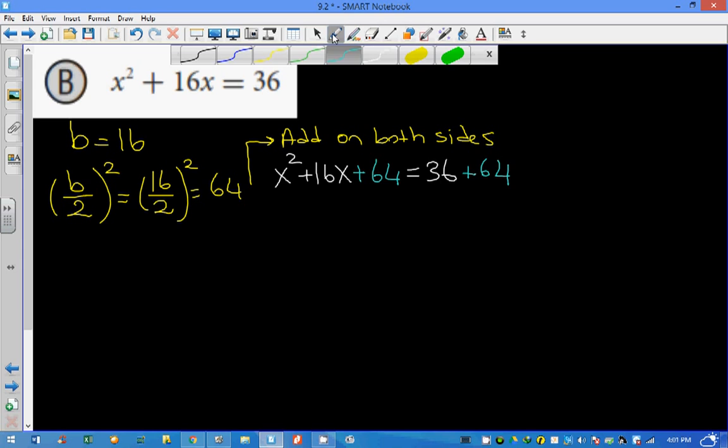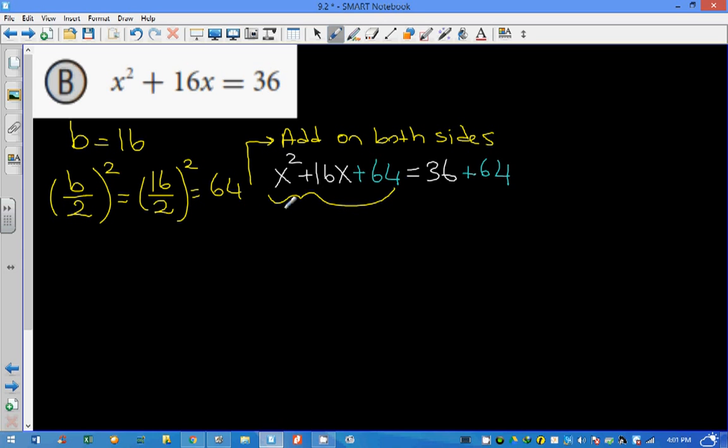So, let's factor this equation. x and x, right? x and x, 8 and 8. It will be (x plus 8) to the power of 2 equal to 100.